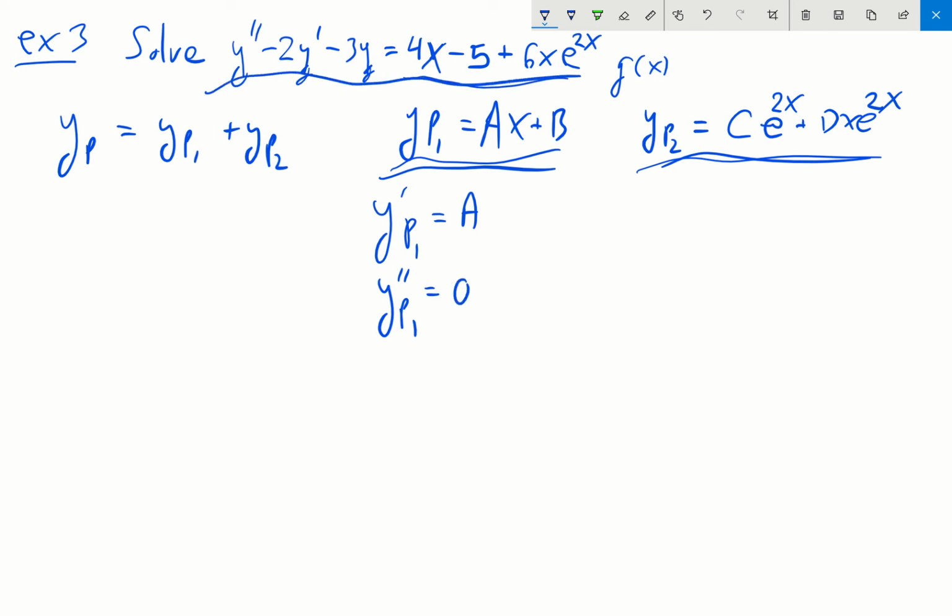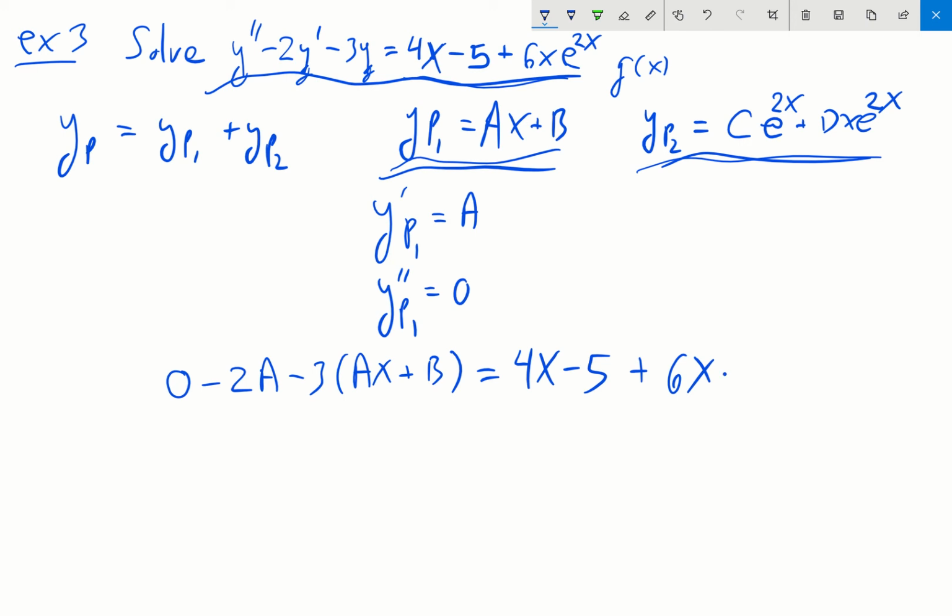If I substitute that into the differential equation, this is what we would get: 0 minus 2 times a, minus 3 times ax plus b, and this should be equal to 4x minus 5 plus 6x e to the 2x.